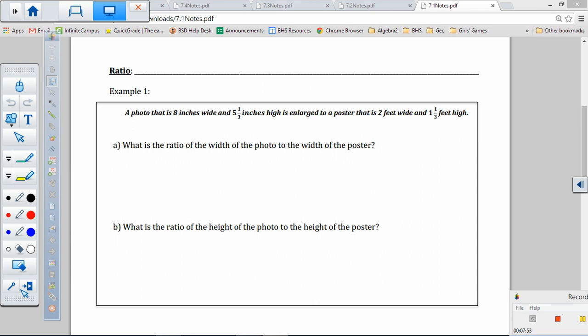So unfortunately, we're going to have to deal with some fractions here. The easiest thing to do at this point is to turn them into improper fractions. So remember that we do that. 3 times 5 is 15, plus 1 is 16. So I have 16/3 inches. 3 times 1 is 3, plus 1 is 4. So I have 4/3 feet.